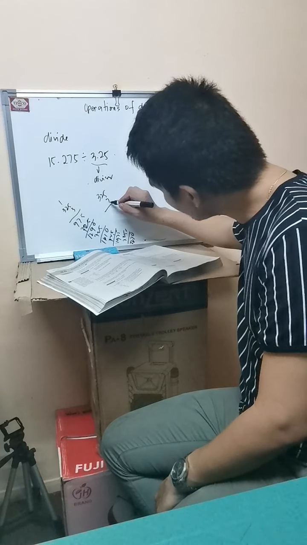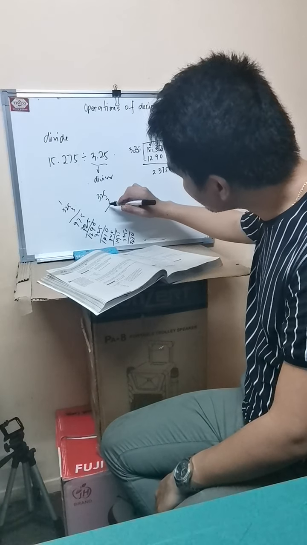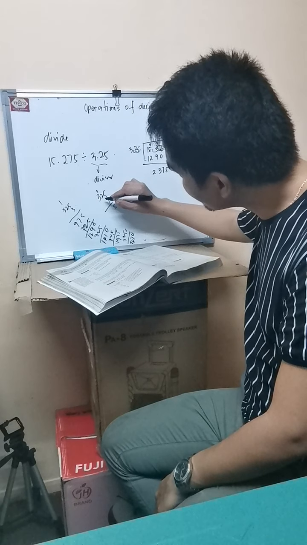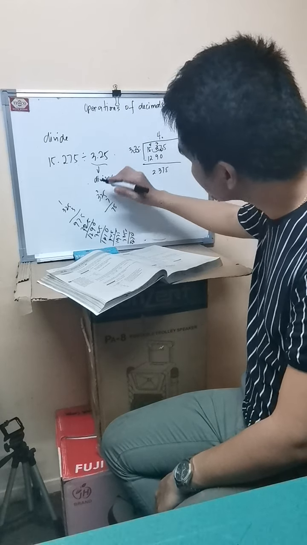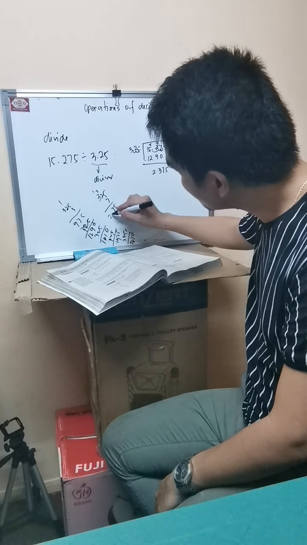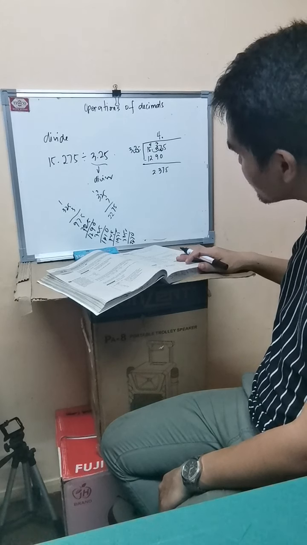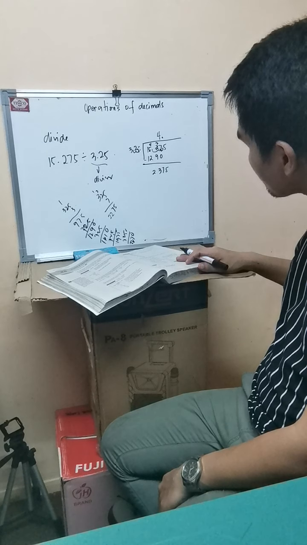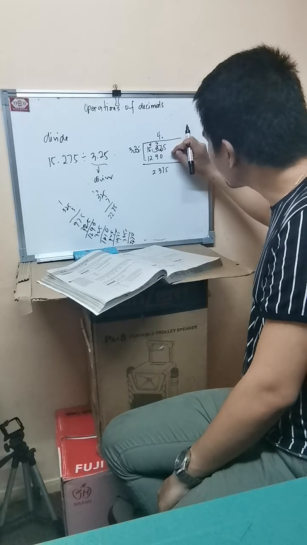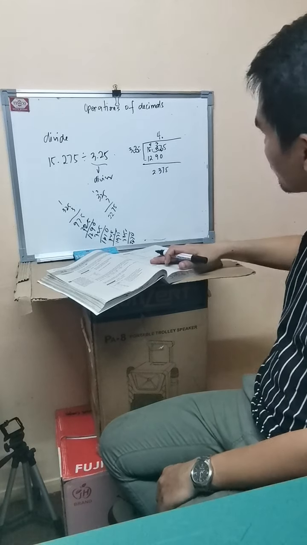This is going to be 7 times 5 is 35, so that's 5, carry 3. 7 times 2 is 14 plus 3, so 7, carry 1. 7 times 3, that's 21, 22. So that's 2,275. Ay, my bad. It's correct.